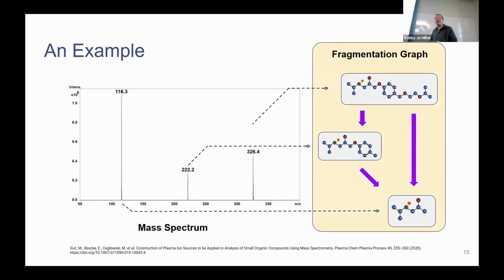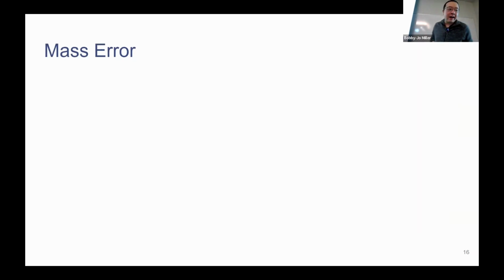The fragmentation graph provides the pathway of how the fragmentation happens. We're going to see these things a lot today because that's a central piece of how to model this. Okay, so that's just a quick example of the journey of molecules and what the mass spec looks like.